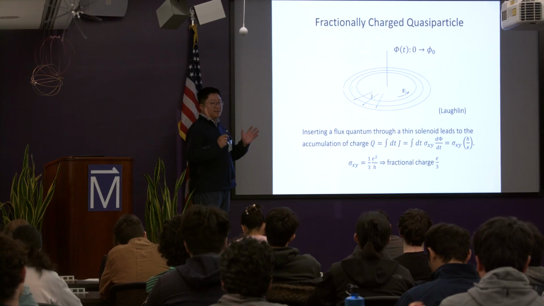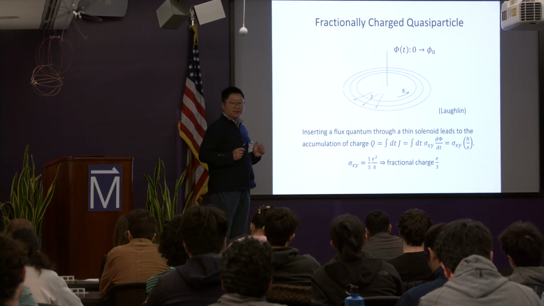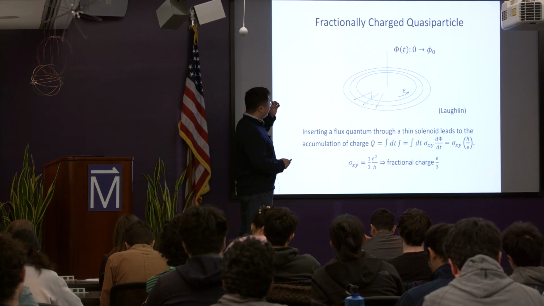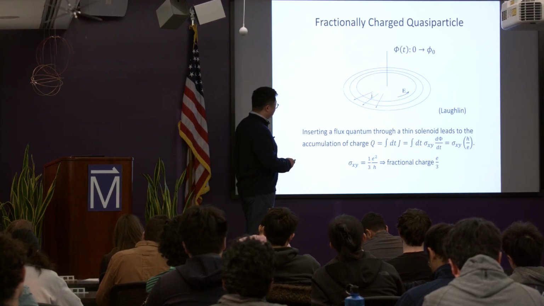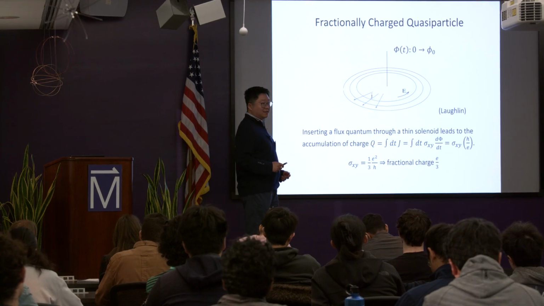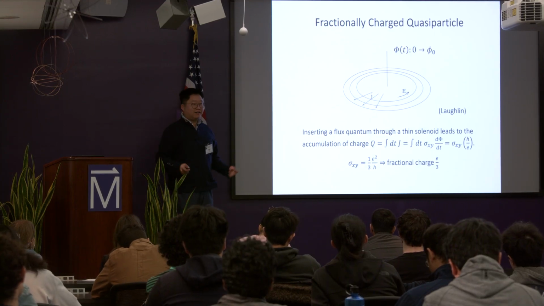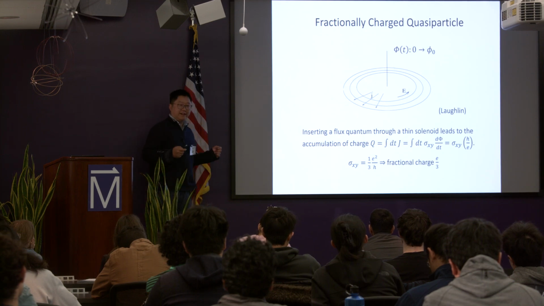So the system with and without 1 flux quantum has the same energy spectrum. So this means that at the end of this process, the fractional charge that's been created in the system is a true excitation of the system without any additional flux.